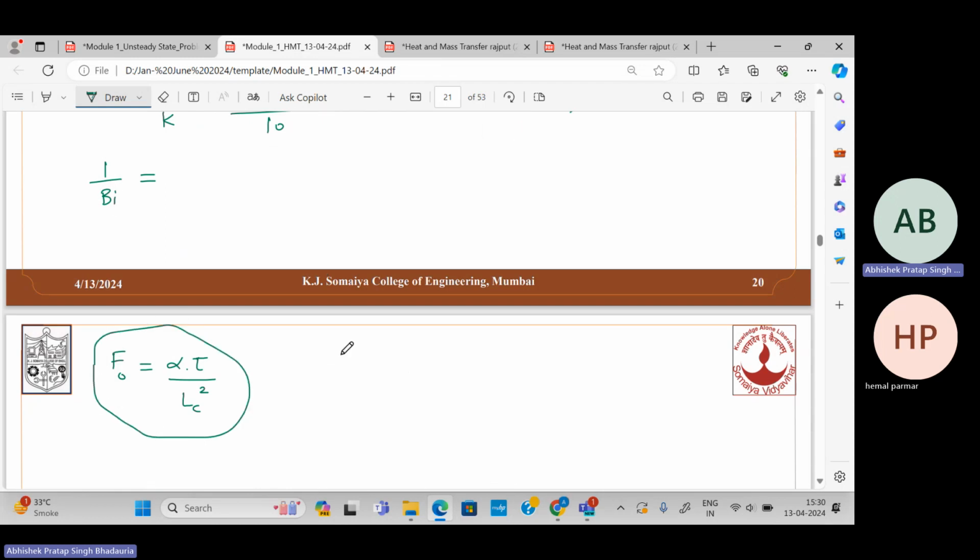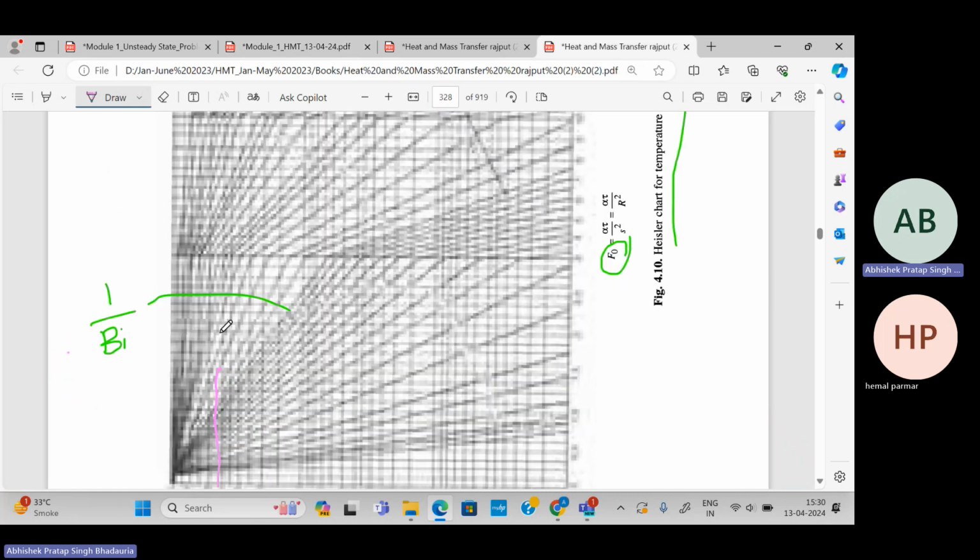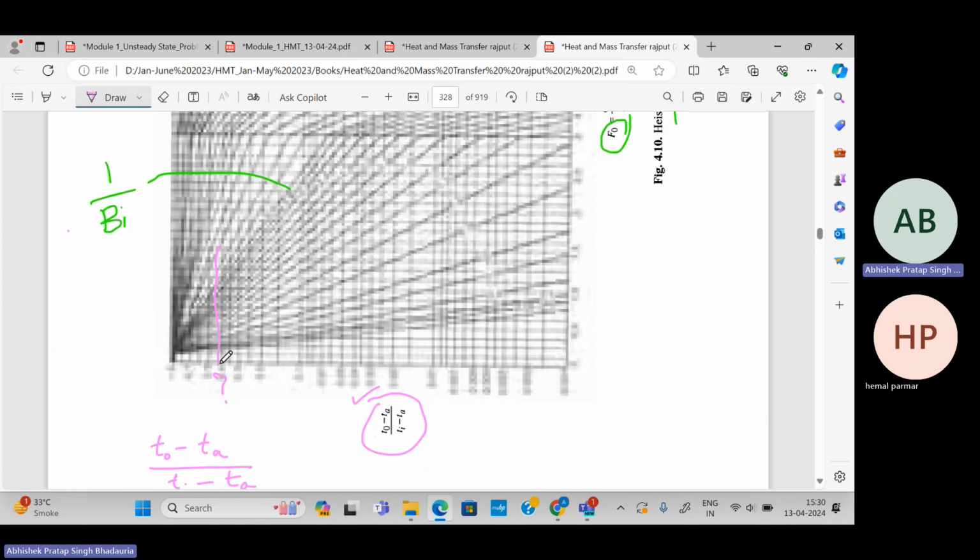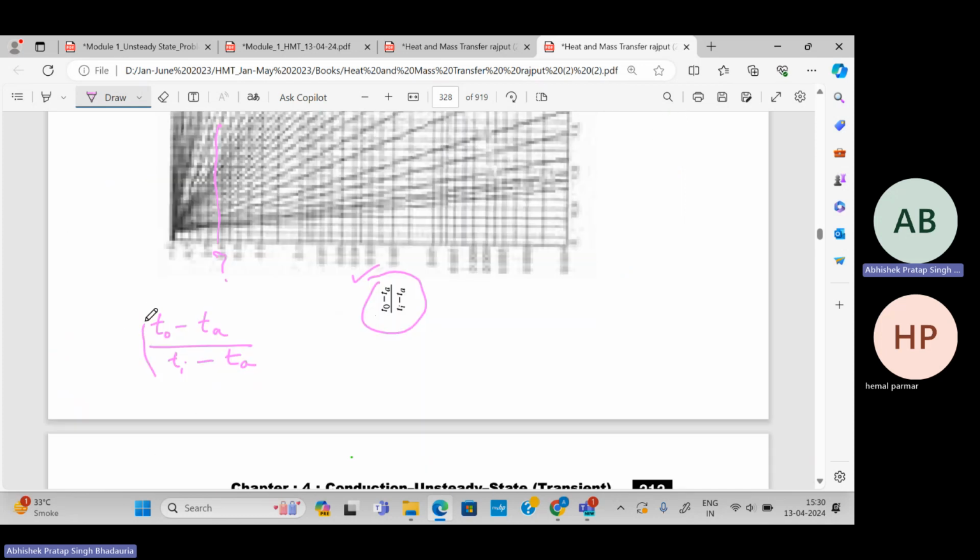We have already calculated 1 upon Biot number, and on the basis of 1 upon Biot number and Fourier's number, we have located a point on the Heisler chart for the sphere, and then we'll take the projections. We can directly find the temperature distribution for the sphere with the Heisler chart of the sphere.